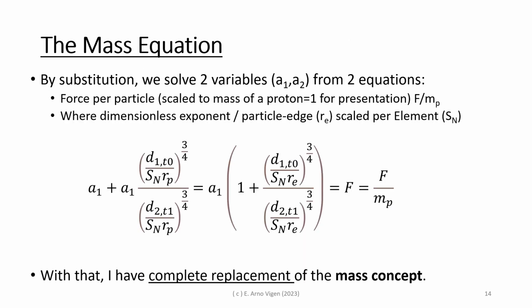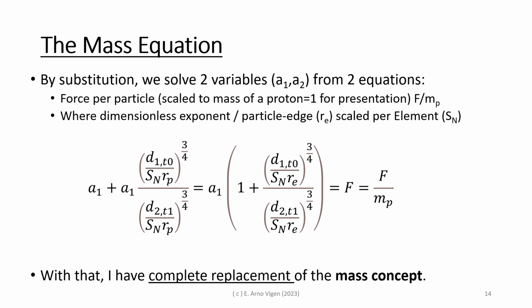However, so effectively, now I have two equations and two variables. I'm trying to get the acceleration of 1 and the acceleration of 2, but I know that they have this inverse relationship, so I can put position and field over position and field, and that gets you one equation. But I also know that the sum of those is the force, because I'm effectively applying a gradient to that.